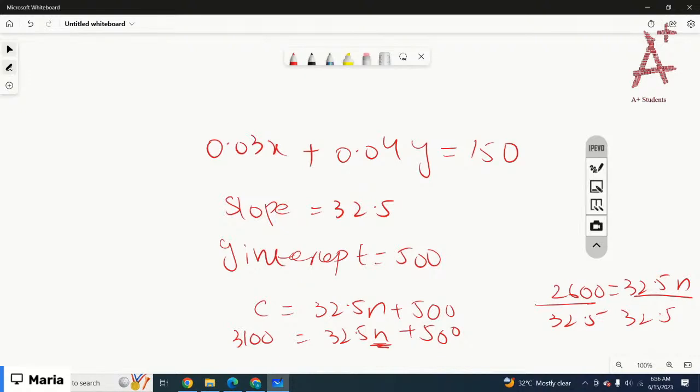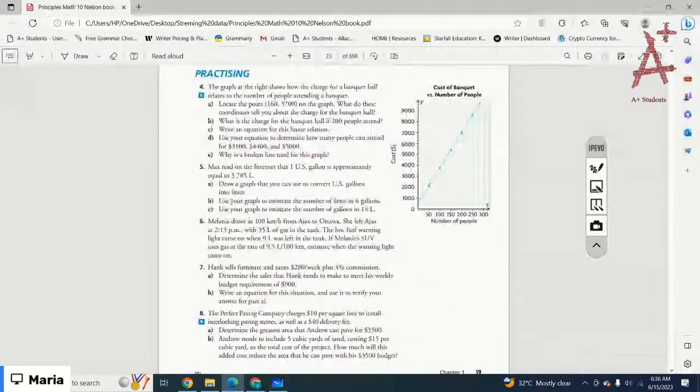So it would be 2600 divided by 32.5, so that is 80. That means if the cost is 3100, 80 people can attend the banquet hall. Got it? So now you can put different values, like you can replace the cost with 4400 and 5000 and calculate different values. Got it?